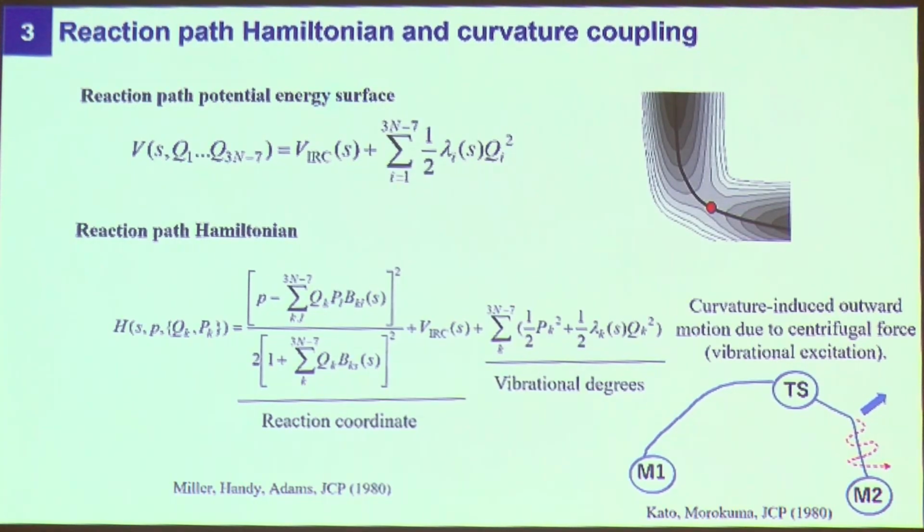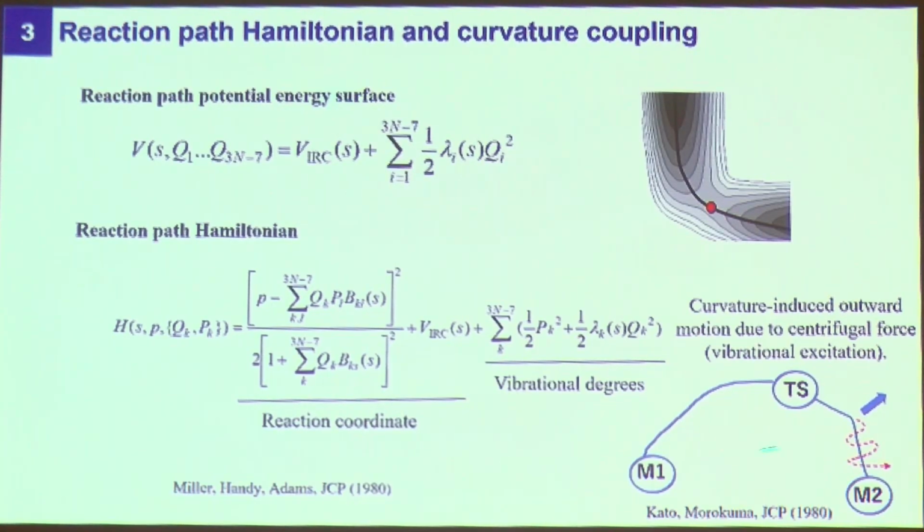In this Hamiltonian, reaction coordinate motion and vibrational motion are treated separately, but they are coupled through curvature coupling. In this equation, B is the coupling between normal mode and reaction coordinate.